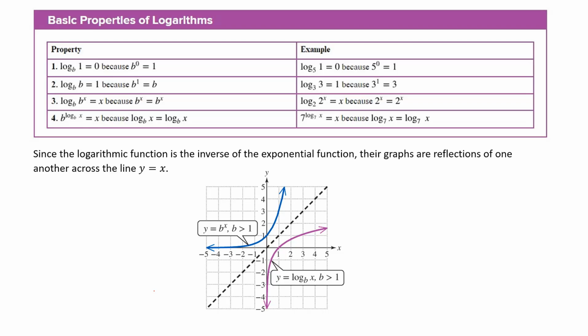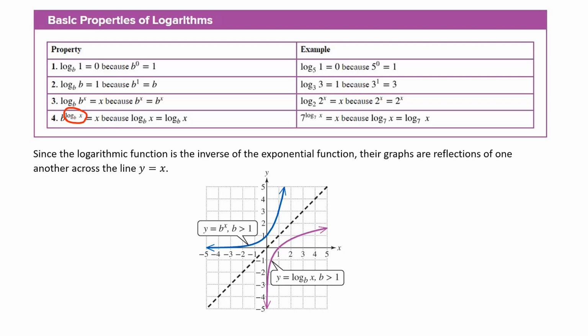Number 4, this one's a little tricky. It's a little tricky to understand. I don't think our language has a really good way of saying this that actually feels like it makes sense. But you've got b raised to log base b of x. Log base b of x is the power you would put on b to get x.